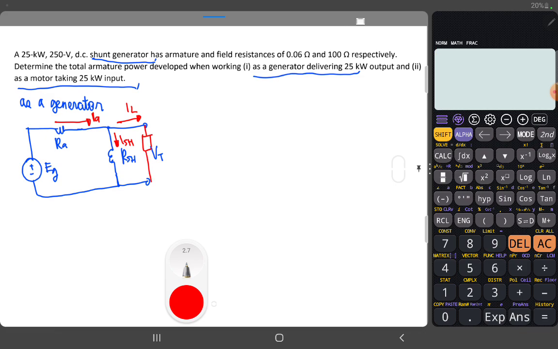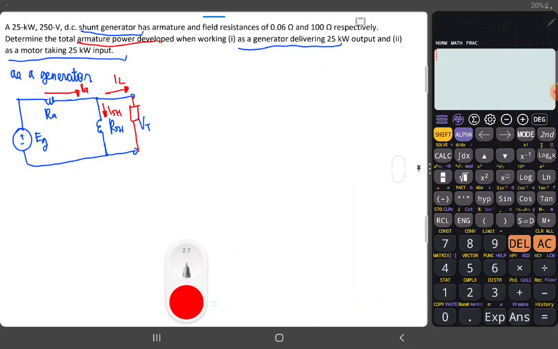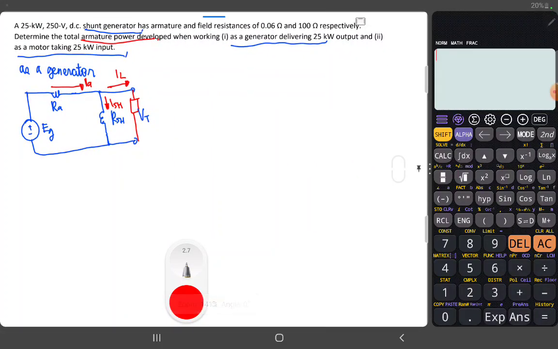From here, the next thing to do is to solve for the armature power. So the armature power acting as a generator, we all know that our armature power PA is just equal to EG multiplied by IA. So first things first is to know what is EG and our IA, right?